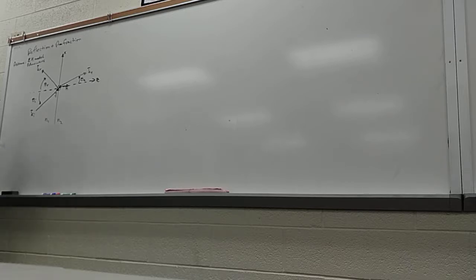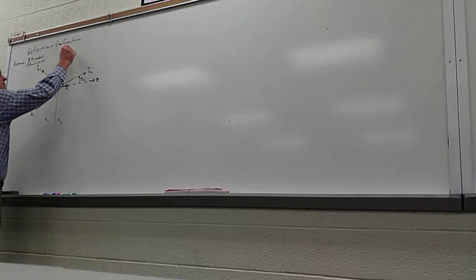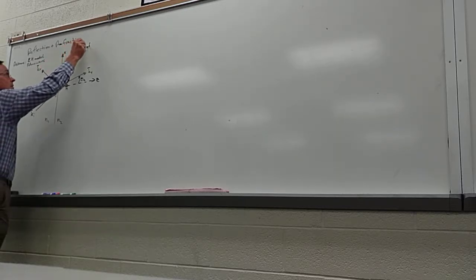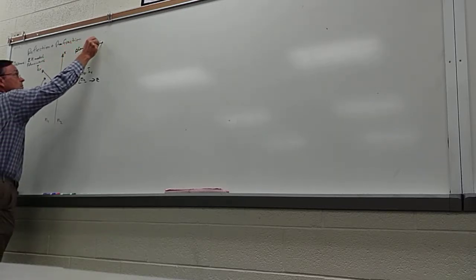We won't show this, but it's not too bad to show that the incident wave vector k_i, the reflected wave vector k_r, and the transmitted wave vector k_t are all in the same plane. And we call that the plane of incidence.